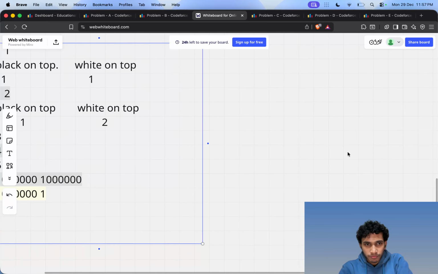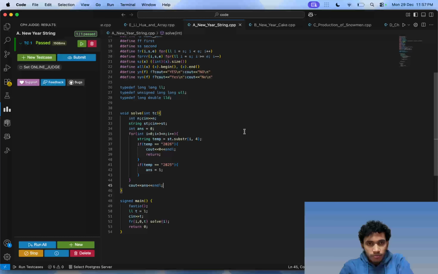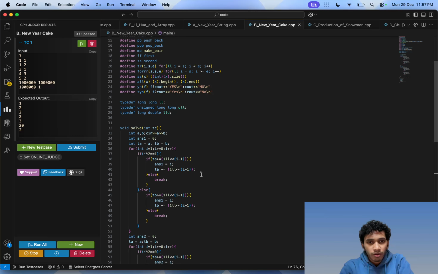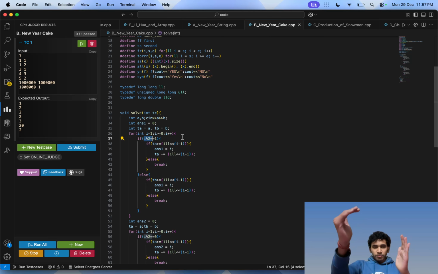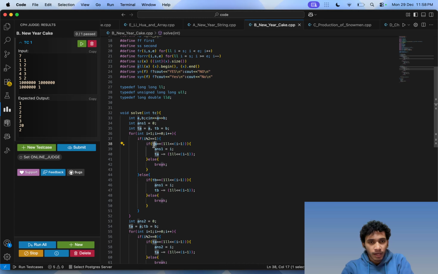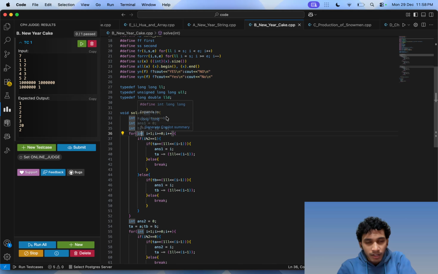So what do we want? We want the first scenario in which the odd positions, that is first position, third position, and so on, will be acquired by A, and A is white. Okay, starting from white.